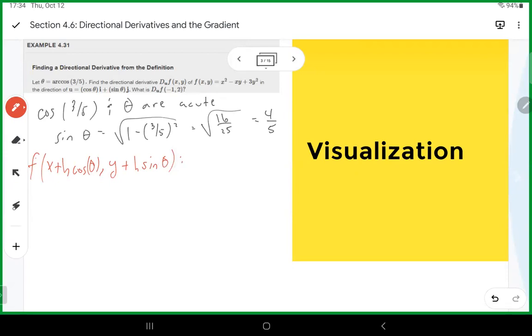Given this part, we will have x plus h cosine theta squared.